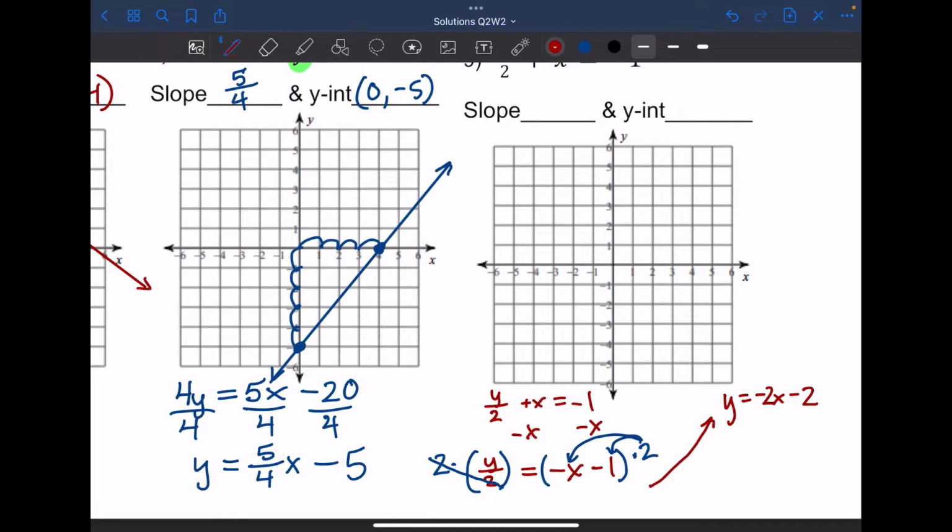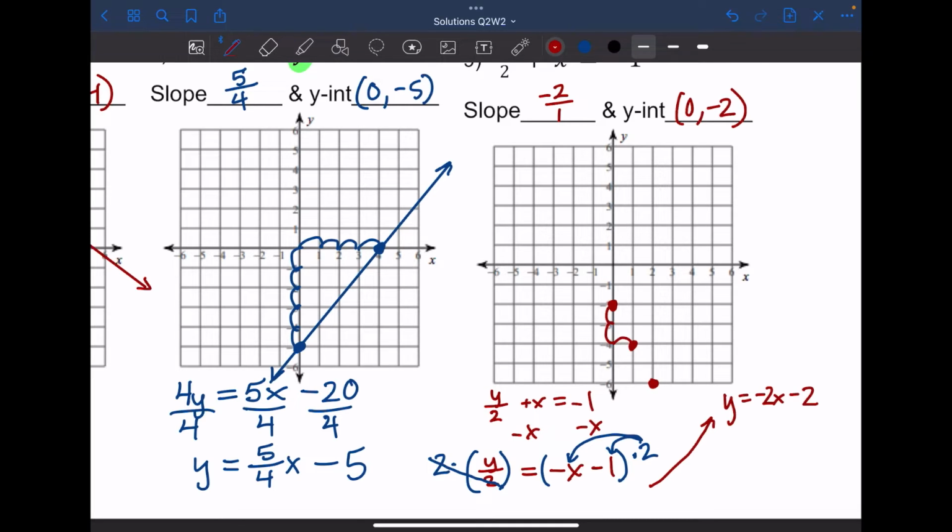Okay, so now our slope from that is negative 2 over 1, and the y-intercept is 0, negative 2. So let's start at negative 2, and then we're going to go down 2 over 1. We can continue that pattern going down 2 over 1.